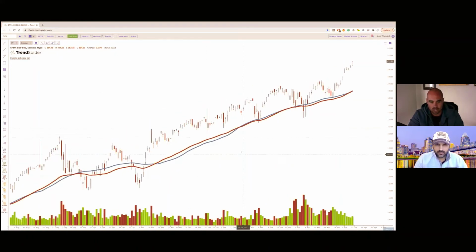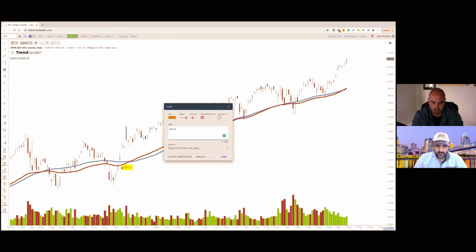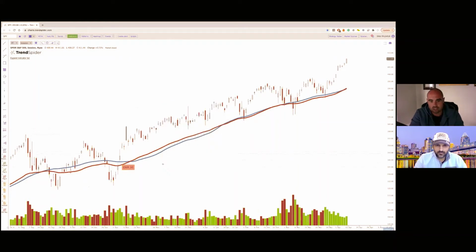Now, what I was going to point out here on the SMA versus the EMA, as I mentioned, both of these are looking back 50 candles, in this case 50 days. Notice that the EMA 50 moves faster and is more reactive to recent price action than the SMA 50.